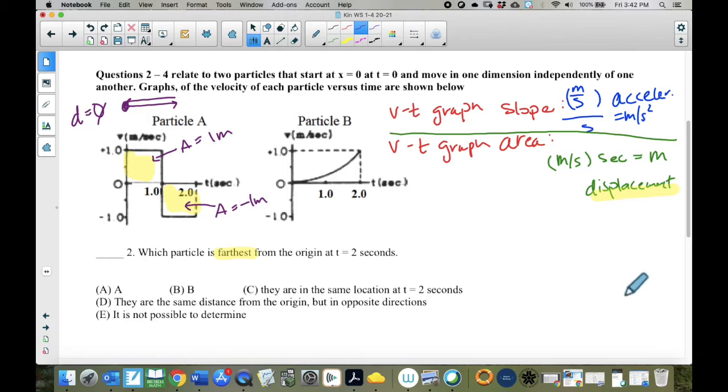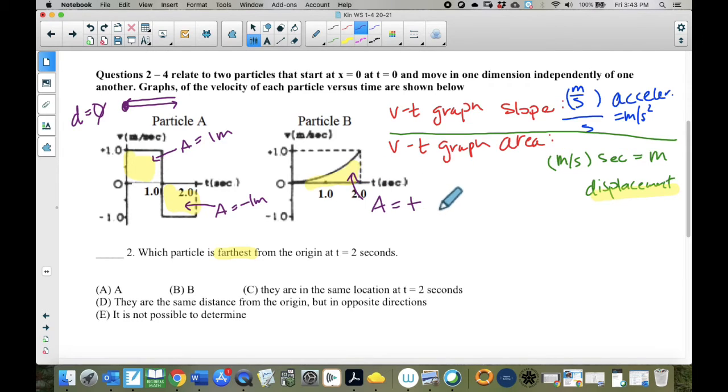That actually goes with question number 4. I'm using it on number 2 because we have to compare particle A and particle B for question number 2. So if we look at the area of this one, again, we're asking about farthest, that's displacement. Well, honestly, I don't know what this area is. I don't need to, though, because what I do know is that it's positive.